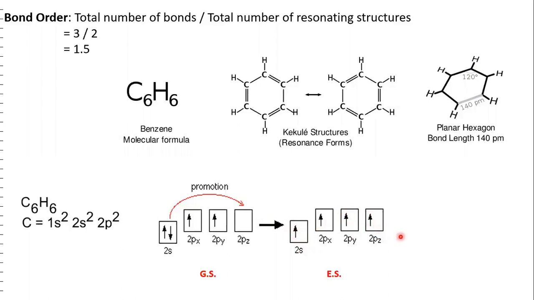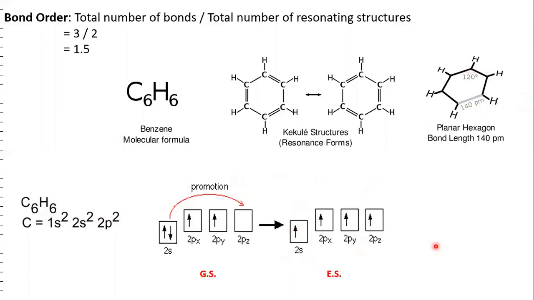So one electron is present in every 2s and 2p orbital. Whenever we go for hybridization to generate the structure of benzene, sp2 is involved. So this is the sp2 orbital. Here we can see this is sp2 hybridization for benzene, as it has a C double bond C.